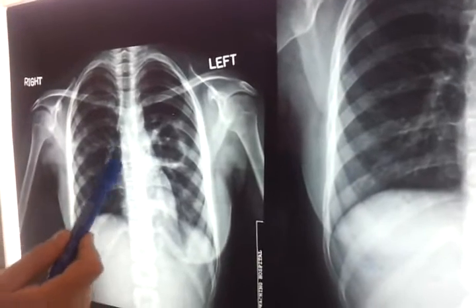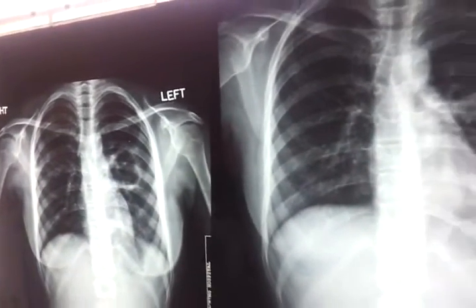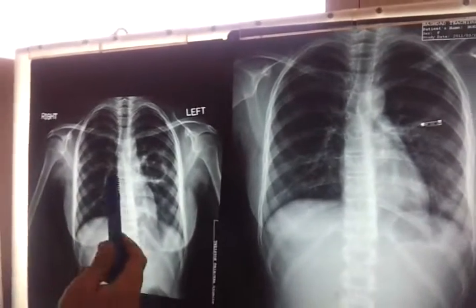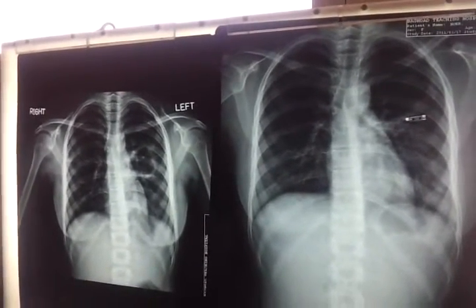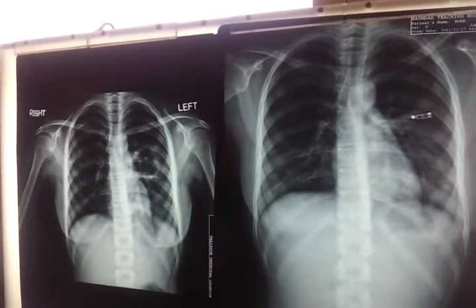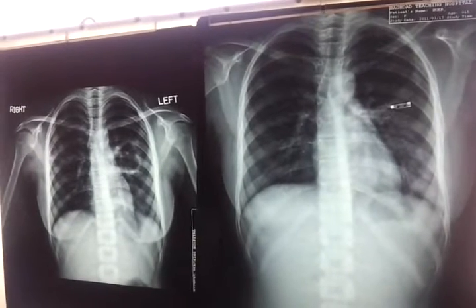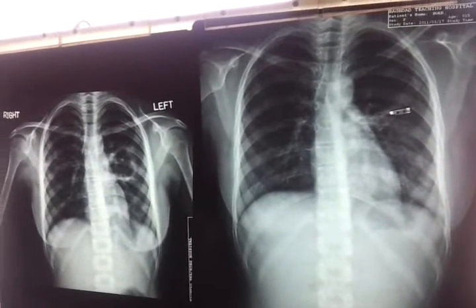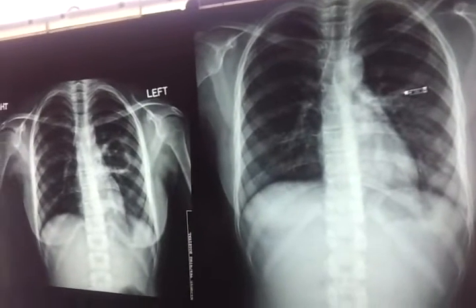You might get a hilar lymph node enlargement with this TB cavity. TB is endemic in Iraq, and most of the cases are either kids, extreme age, or elderly patients. Tuberculosis.